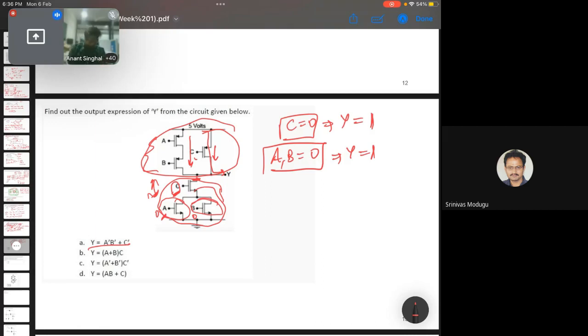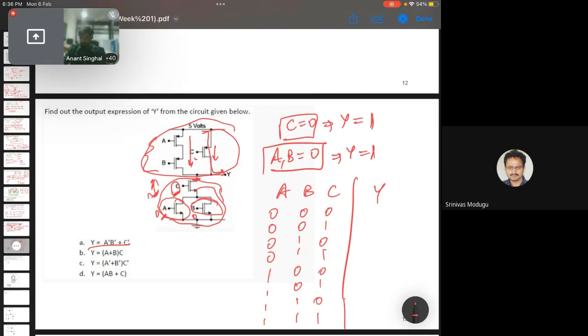If I try to make the truth table, we can see when C is 0, these all will get 1. And when both A and B are 1, which is this case, this will get 1.